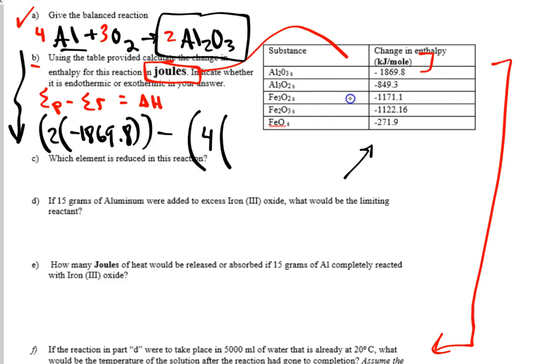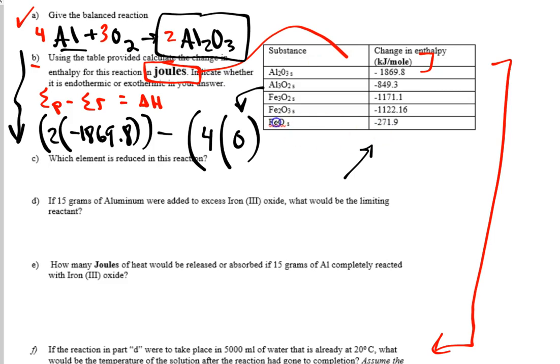Now, is it in the table? No. We never find pure elements in this table because they are always what? They're always 0. Now, tomorrow, that's not going to be a 0 probably. Okay, it's one of these. Now, tomorrow, you will use iron and aluminum, so there are zeros somewhere.